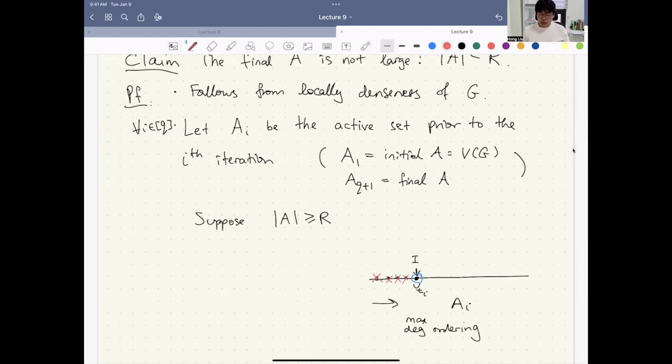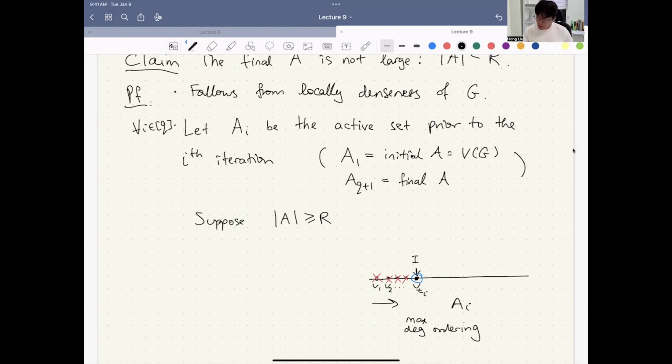So let's give it a name. Every time I rename V1, V2 according to the max ordering of the current set AI.